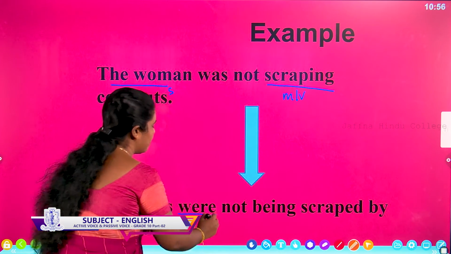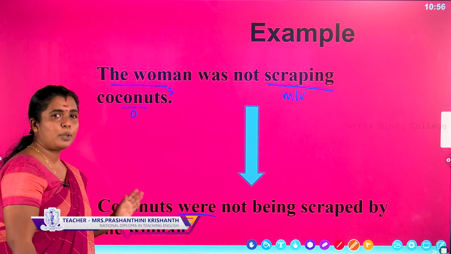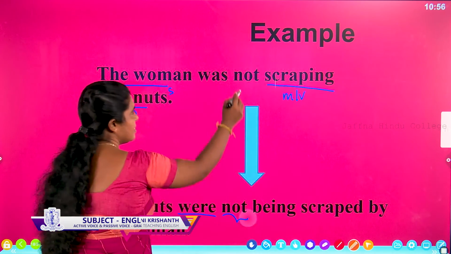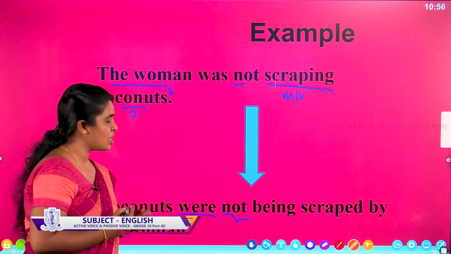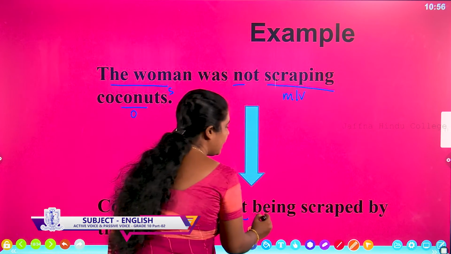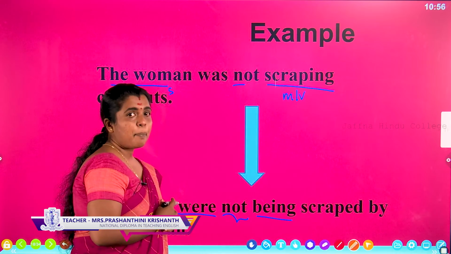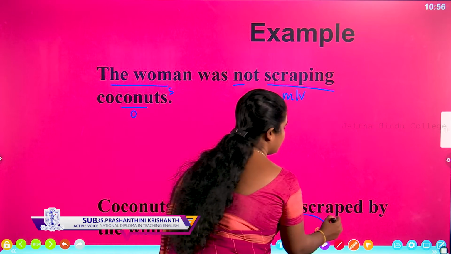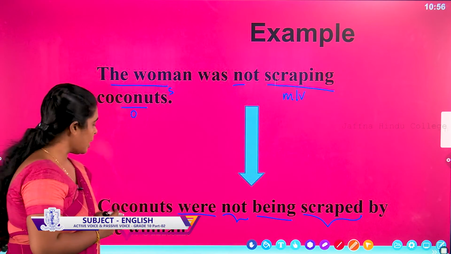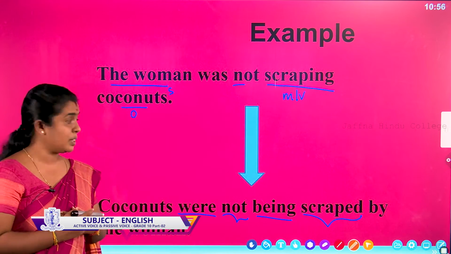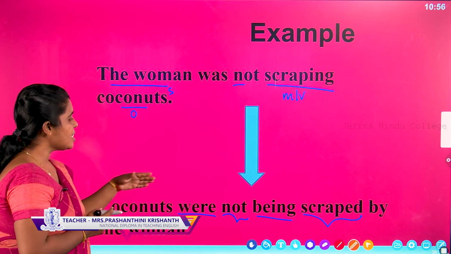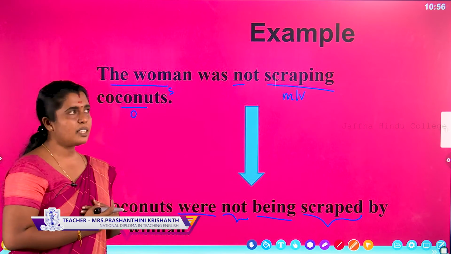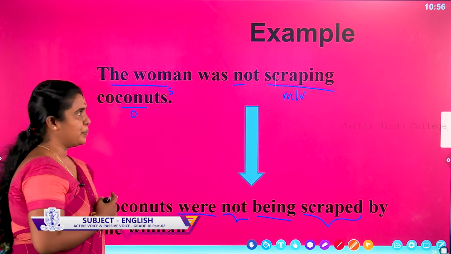Suitable helping verb. So this is plural. So definitely we have to use were. Were not. Right, this is negative sentence, so we have to add not, were not, being. Next, past participle form of the verb. So, scrape, scraped. Scraped by, who is the doer? The woman, right? So, coconuts were not being scraped by the woman, right? So, this is easy for you.